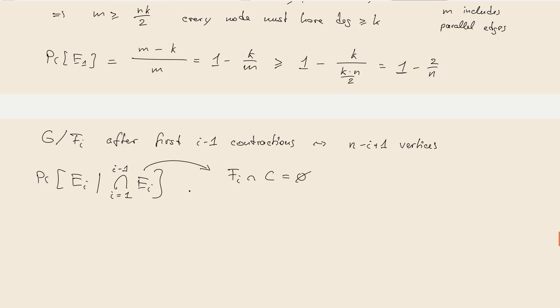So under the condition that we haven't contracted any of these, the reason is by contracting nodes, we only make cuts impossible, but we don't allow new ones. And the value of all cuts that are still possible are the same as in the original graph. Is that clear?